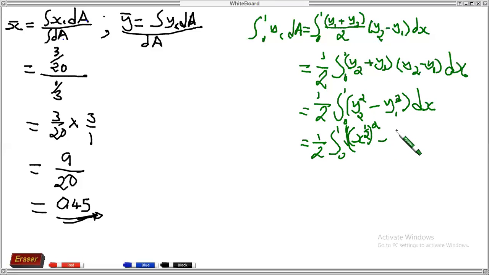Take the bracket here again, then we have x squared again here, dx, with the 1 over 2.